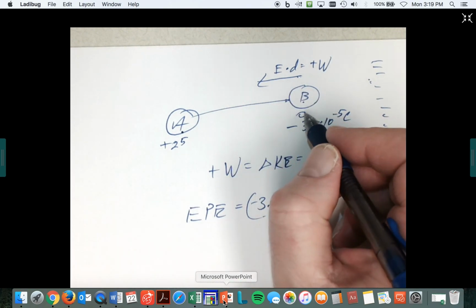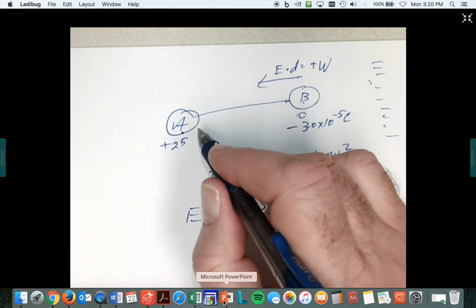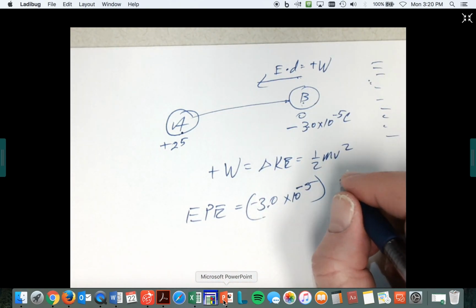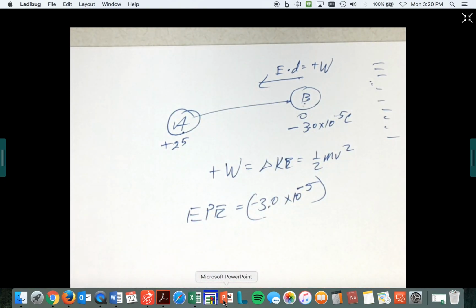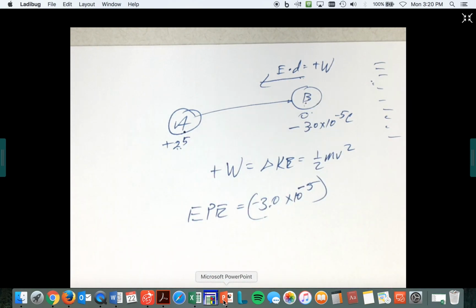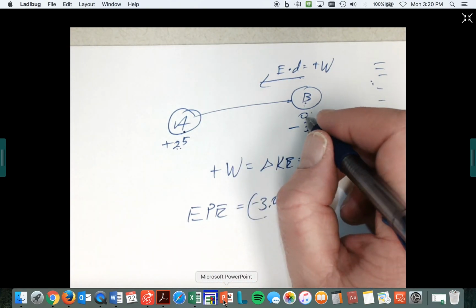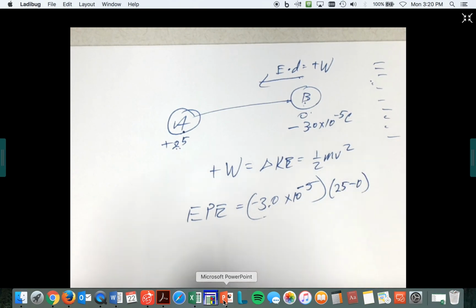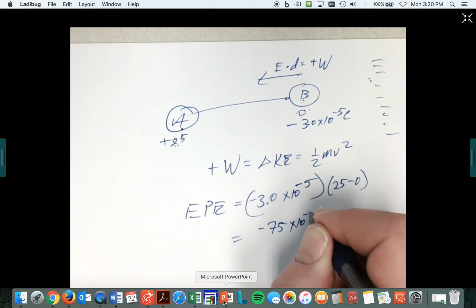Then as I go from B to A, it's going to be V_A minus V_B. The change in voltage is going from B to A. It's just like change in displacement, x final minus x initial. V final minus V initial would be negative 25, because it's going 25 minus 0. So once again, I wind up with this negative 75 times 10 to the negative 5 joules.